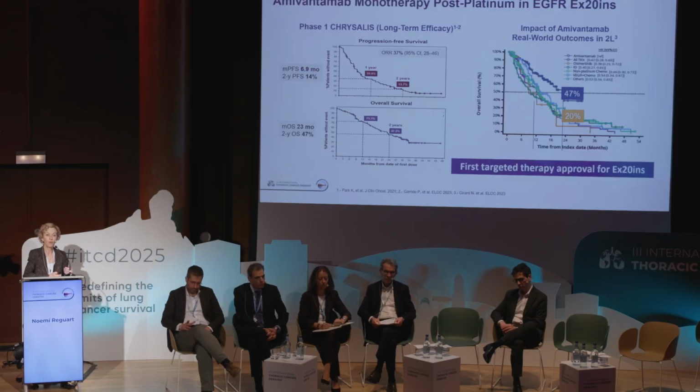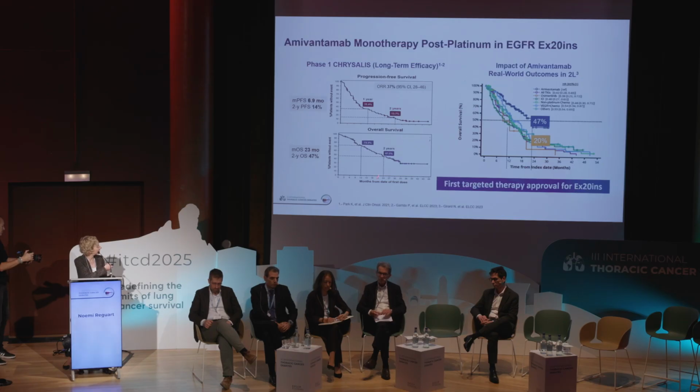And we saw robust and prolonged responses, median progression-free survival of about 7 months, with overall response rate of 40%, and median overall survival of 2 years, with a 2-year landmark rate of almost 50%, which is clearly higher than the 20% that we were seeing when using the classical chemotherapy or immunotherapy that we use in clinical practice.